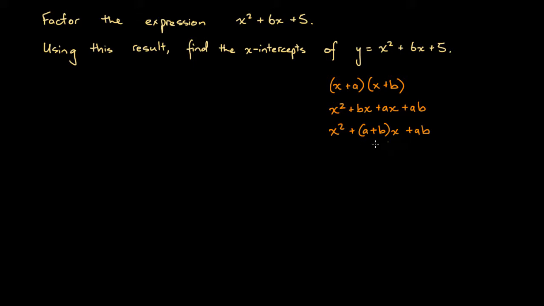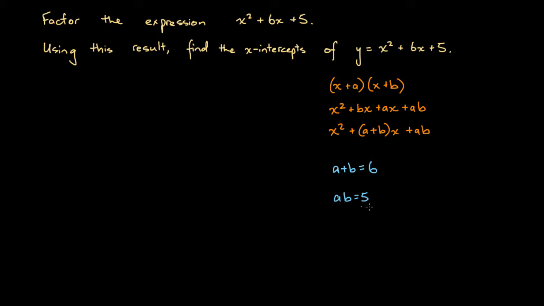In other words, if we can find some values of a and b such that a plus b equals 6, and also ab equals 5, then we could write this expression as this bracketed expression and replace the a and b variables here with whatever the solution is to this set of simultaneous equations.